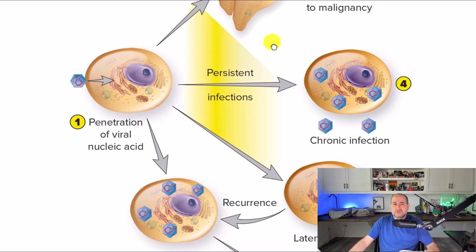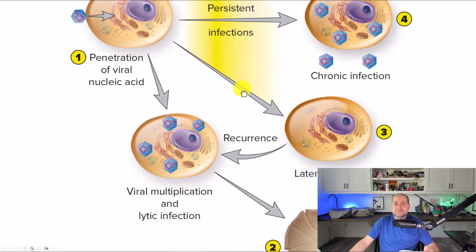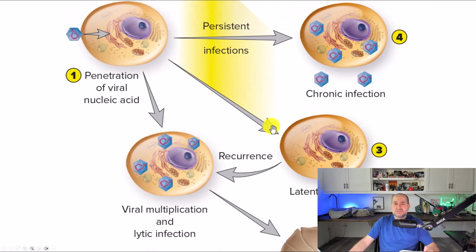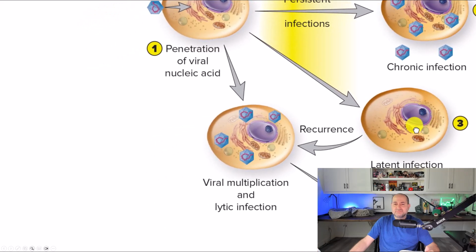Another potential outcome of a viral infection is that chronic infection. Remember I said that's a persistent type of infection where you're constantly shedding virus at a low rate, or this can result in a latent infection, which is a dormant state that can reactivate.